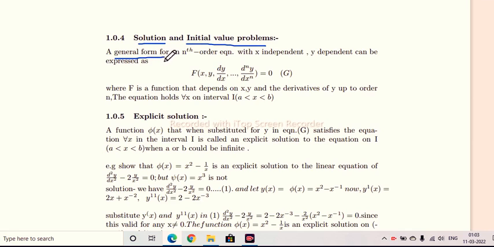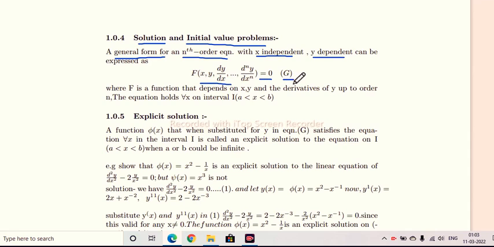A general form for an nth order equation, with x independent and y dependent, can be expressed as f(x, y, dy/dx, ..., d^n y/dx^n) equal to 0.